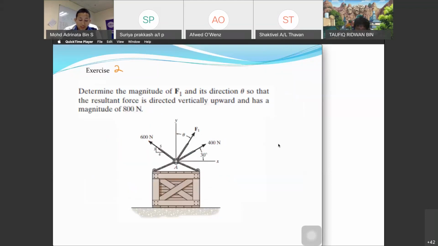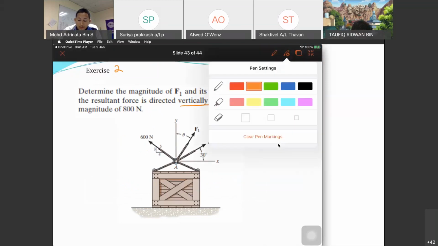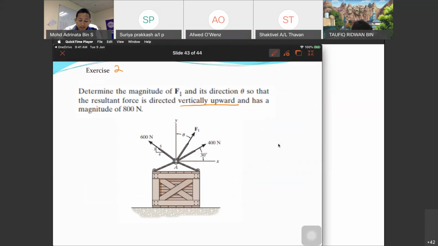So this one: determine the magnitude of F1 and its direction theta so that the resultant force is directed vertically upward and has a magnitude of 800 Newton. So the resultant force is Fr equals 800 Newton.